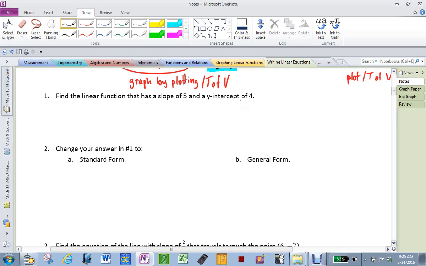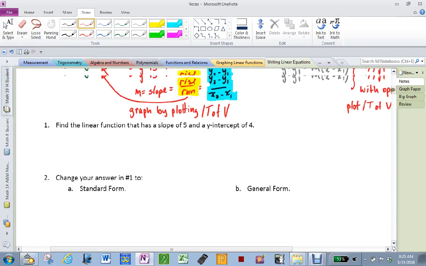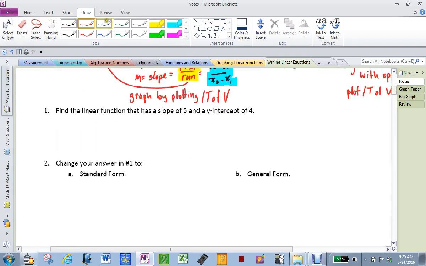Is it the right intercept? Y-intercept? Yeah. So what would be the equation for this line? We agree that it's got to be slope-intercept, which I wrote in green. We agree it's got to be this. So now rewrite it.